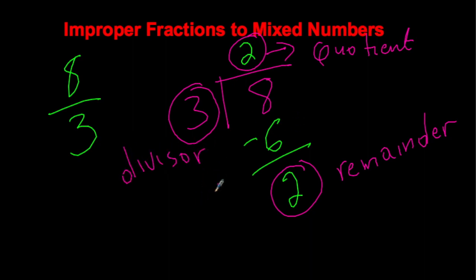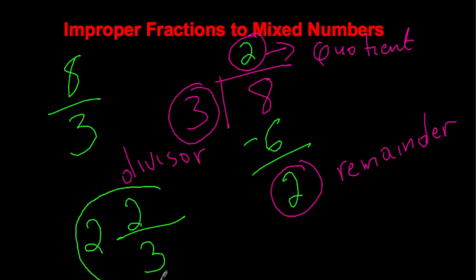So these are the numbers that you need to write the mixed number. The quotient is going to represent the whole number, in this case 2. And the divisor is the denominator, it's 3. And your remainder is the numerator, so it's 2. So this is your mixed number.